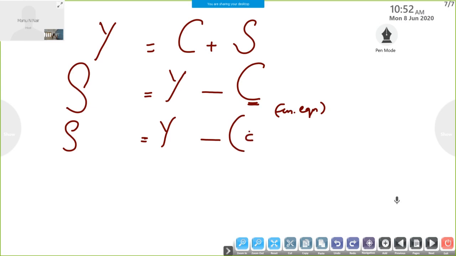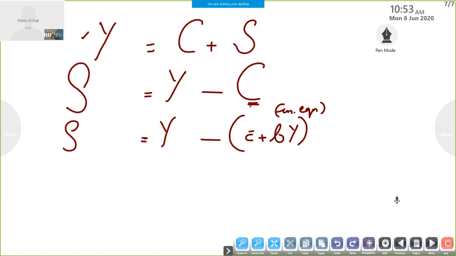Consumption equation is C dash plus BY. So what I did, first I have taken one formula, Y is equal to C plus S. From there, just arrange S is equal to Y minus C. Next one, substituting consumption equation for C. Like this we are getting.